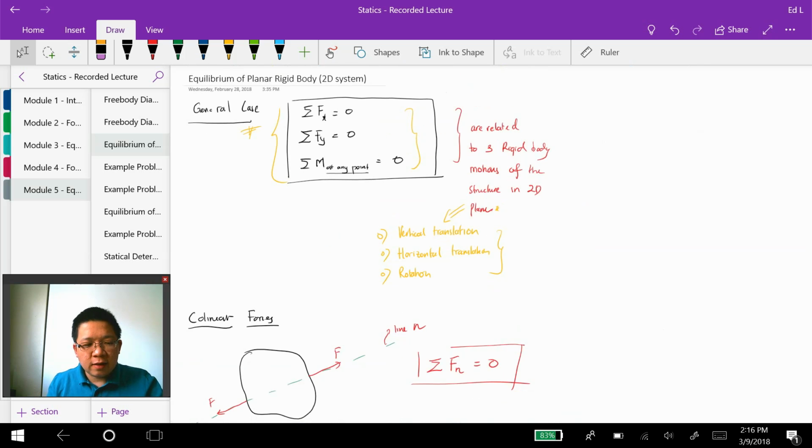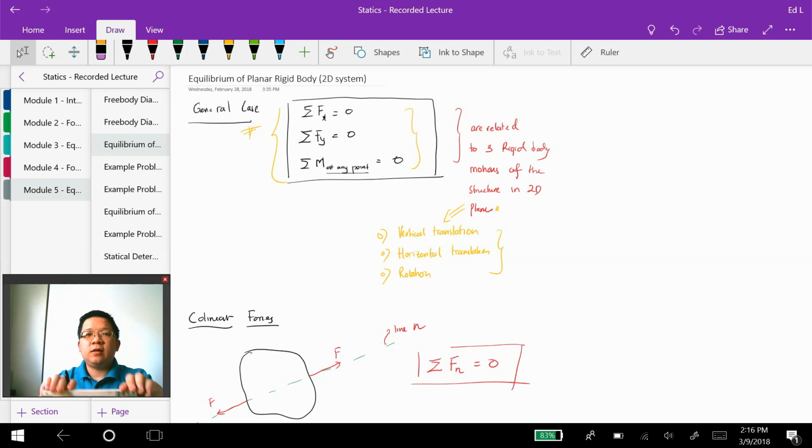Some important concepts you need to know from this lecture: there are three equilibrium equations for a two-dimensional rigid body, which are the sum of the forces in the x, the sum of the forces in the y equal to 0, and the sum of the moment at any point equal to 0. Those equations are derived based on the fact that there are three rigid body motions in a two-dimensional plane: vertical translation, horizontal translation, and rotation.